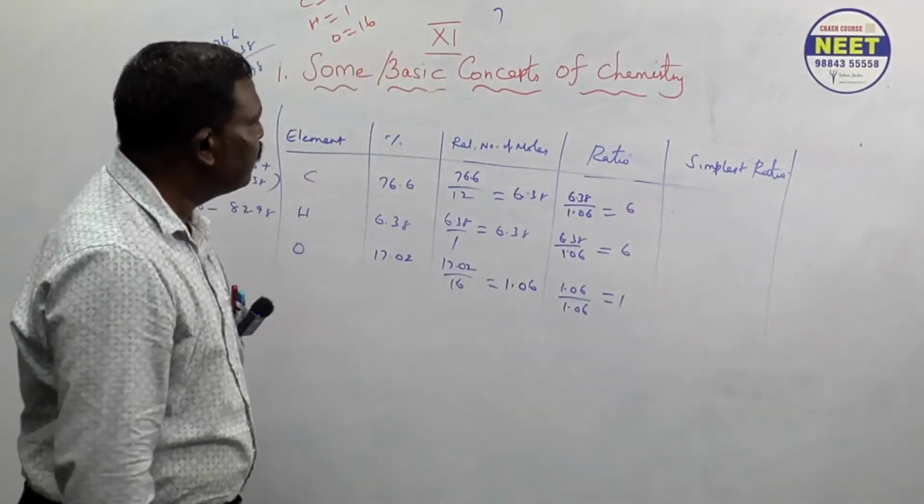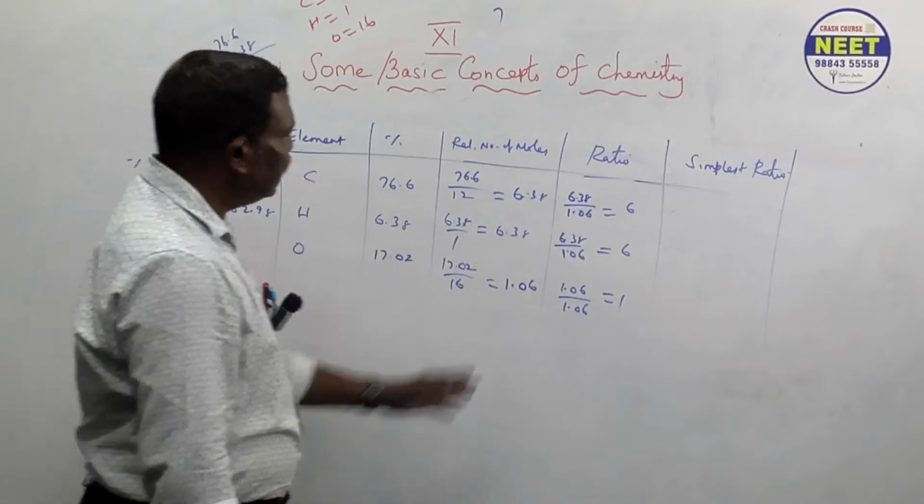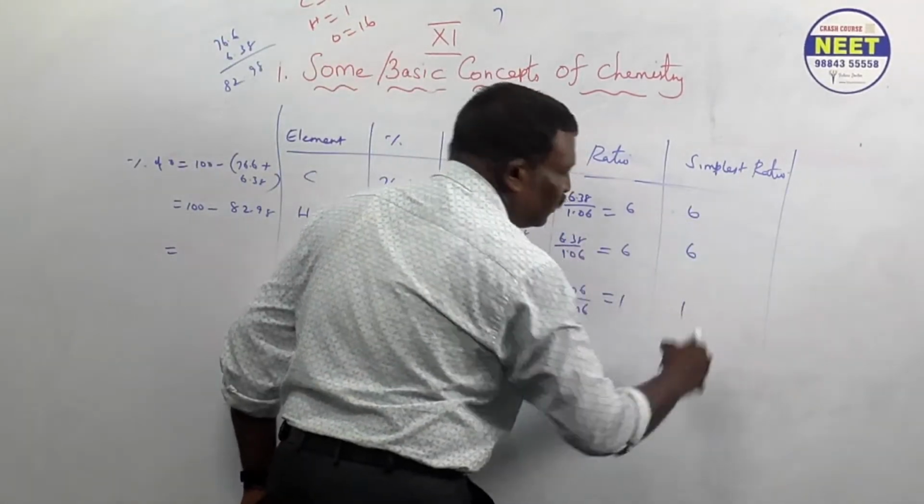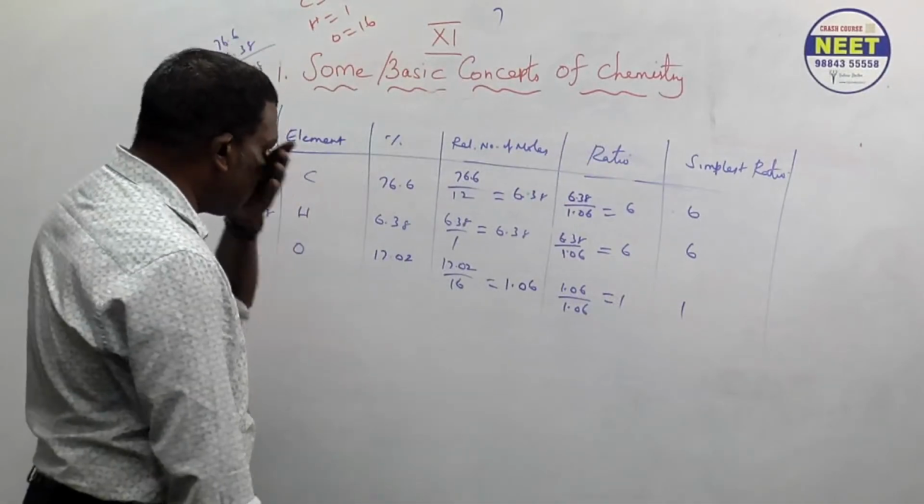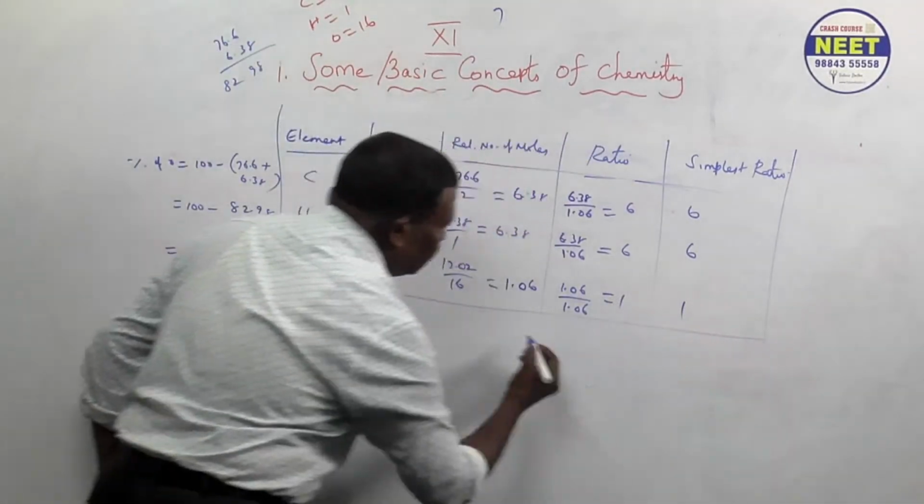We get nearly 6 for carbon, and nearly 6 for hydrogen, and oxygen gives 1. Then you put it here: 6, 6, 1. Correct or not?